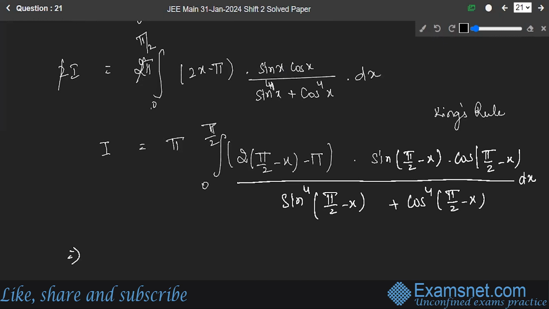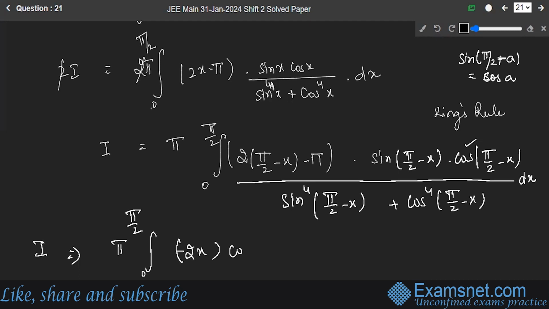Okay, so this will be I is equal to limit 0 to pi by 2. This pi and this pi will cancel. You will have minus 2x over here. And now sine will be changed into cos, and cos will be changed into sine, because sine of pi by 2 minus any angle is equal to cos of that angle. This lies in the first quadrant, so the signs will not change.